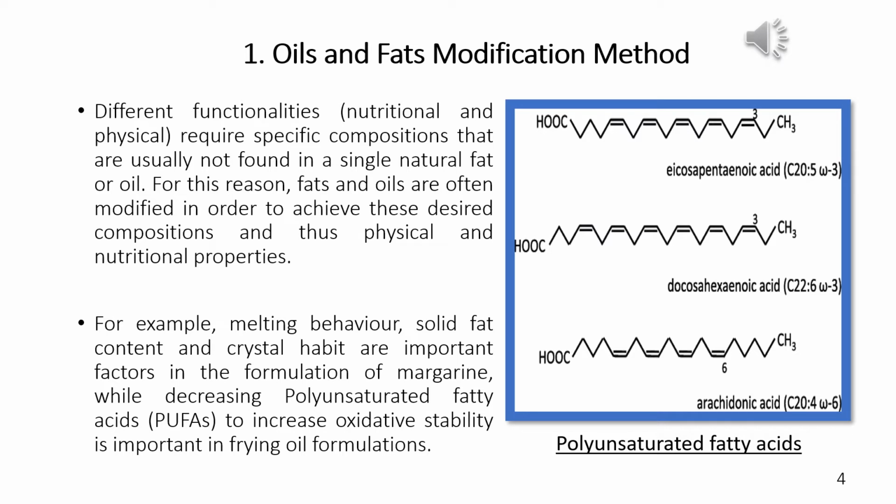Why are we decreasing the amount of fatty acids? Because they are unstable and we need stable oil and fats. On the right hand side, you can see a picture of the polyunsaturated fatty acids group containing the omega-3 fatty acids compound.